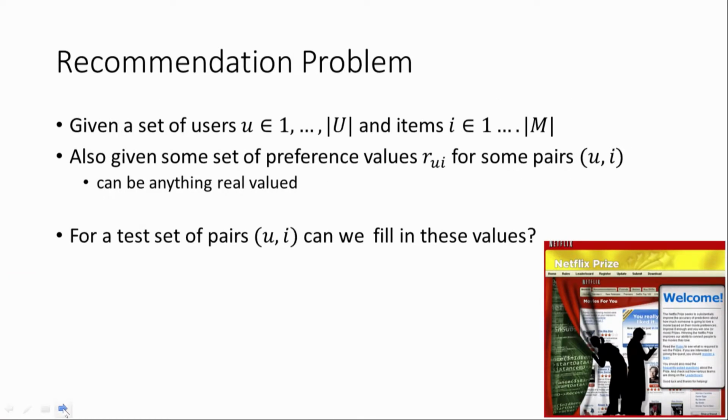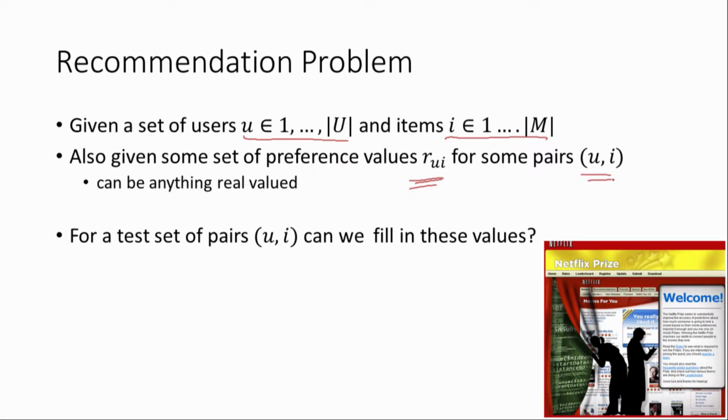So how do we formulate this? How do we formalize this problem? Let's try to formalize it as follows: suppose we are given a set of users and a set of items, and suppose we're also given a set of preference values for some set of pairs.